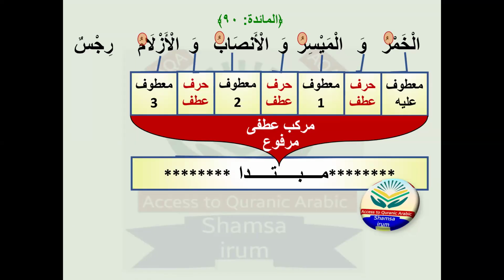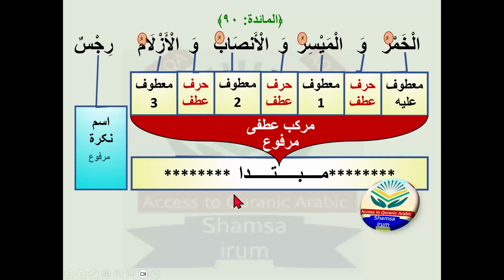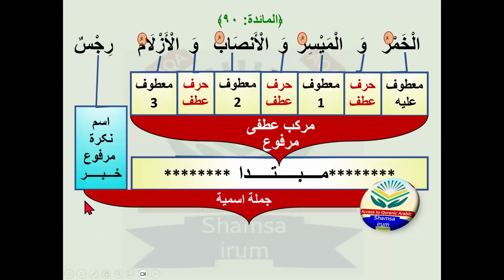Because it begins the sentence, so it means it is a mubtada, it is a subject here in the nominal sentence. This whole construction, the whole phrase Murakab Atfi is mubtada. And marfu nakra ism is playing the role here for the khabar. So mubtada is a whole long phrase Murakab Atfi, and khabar is just a single noun. Mubtada and khabar make a jumla ismiya.